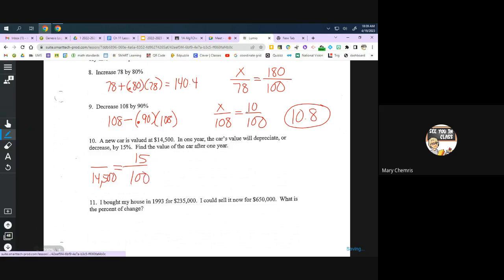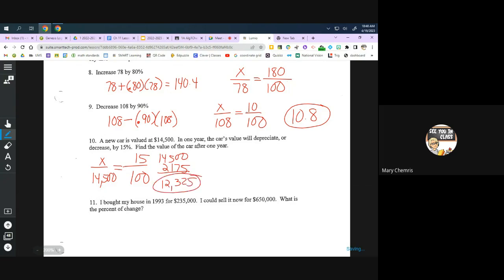I'm looking to find out what 15% of 14,500 is, and that would be 2,175. I take 14,500 and subtract that. My answer is 12,325. That's one way to do it.